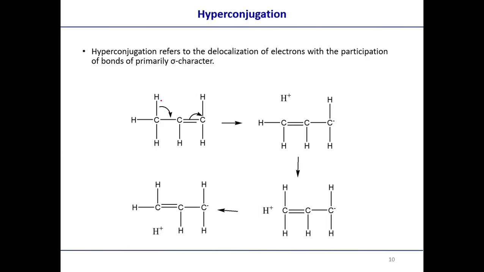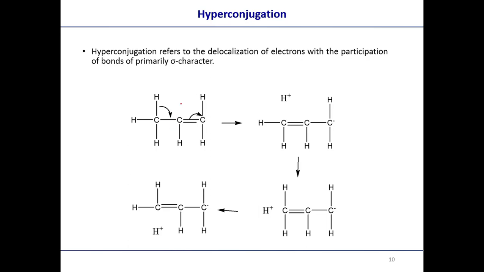Here you can see this hydrogen is breaking its bond with the carbon, and here we are getting the double bond. You can see the double bond forming here, and we are getting this species. You have to maintain the charge. Here we have one negative charge and one positive charge, so it becomes neutral, and our starting molecule is also neutral.